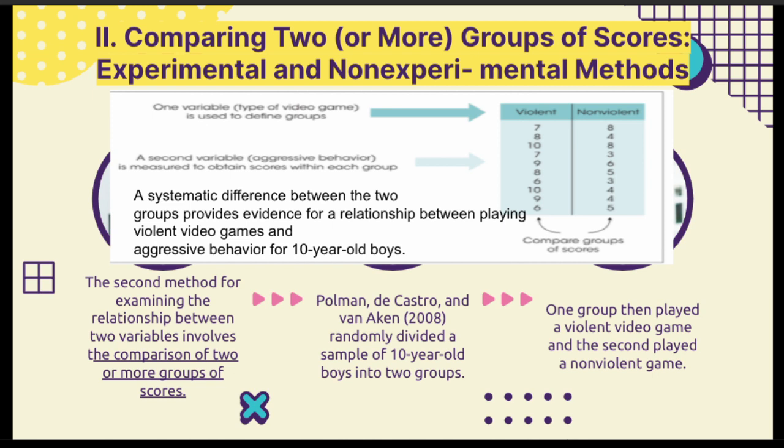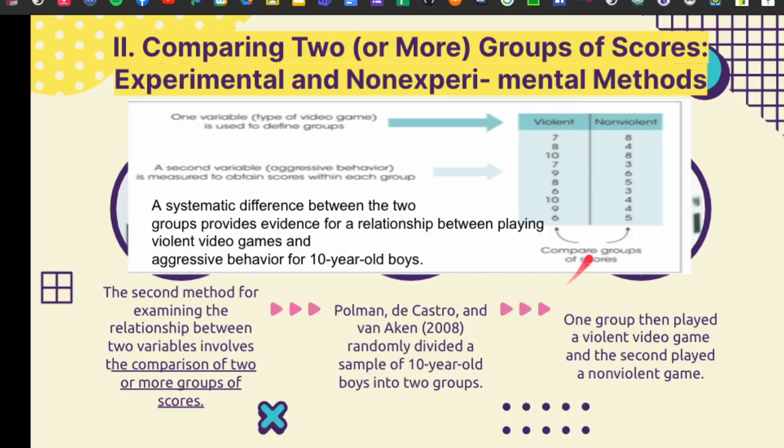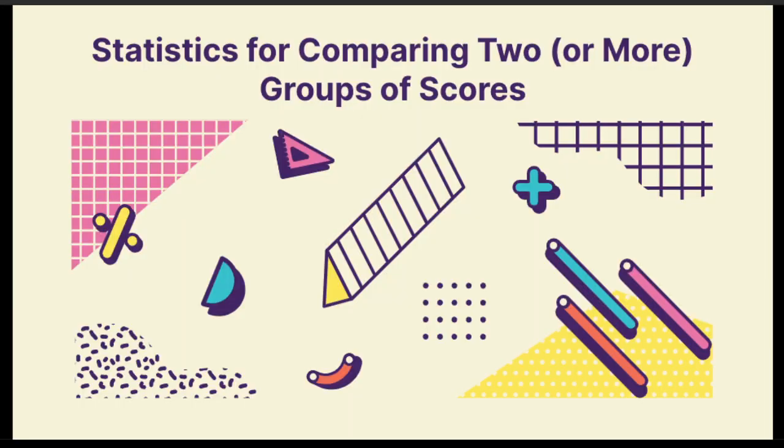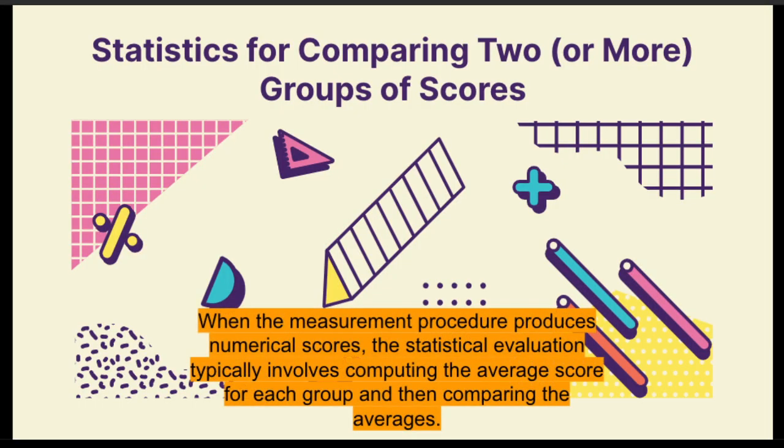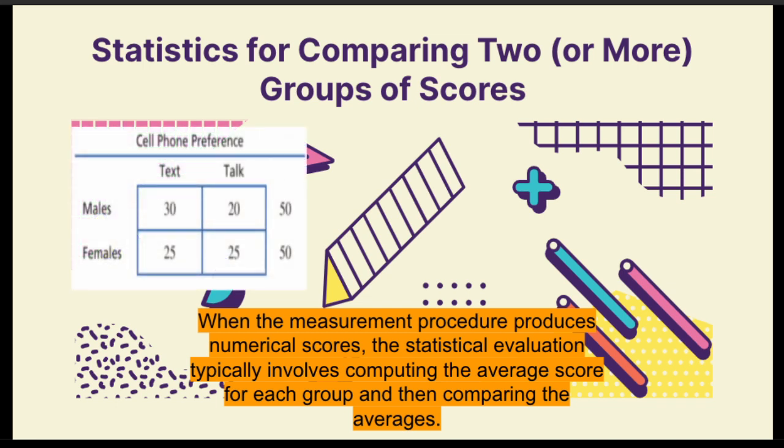A systematic difference between the two groups provided evidence for a relationship between playing violent games and aggressive behavior for 10-year-old boys. Statistics for comparing two or more group scores: when the measurement procedure produces numerical scores, the statistical evaluation typically involves computing the average score for each group and then comparing the averages.